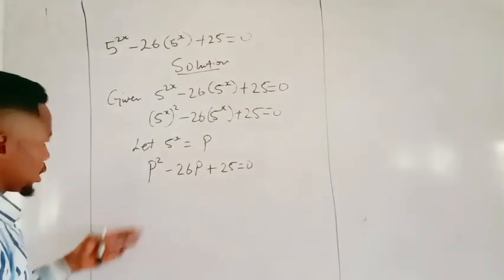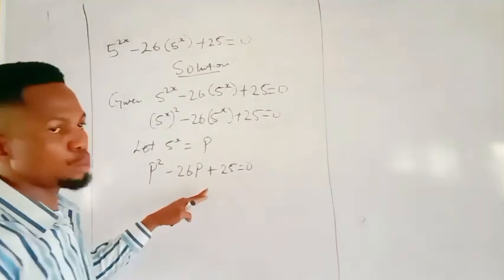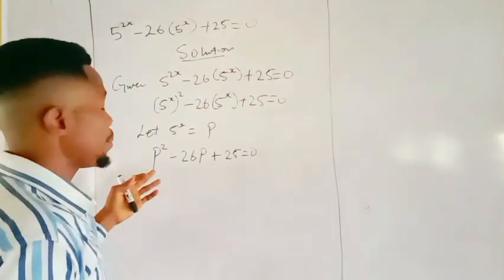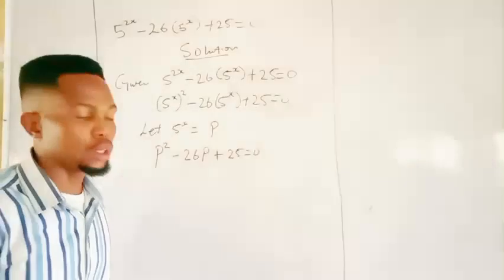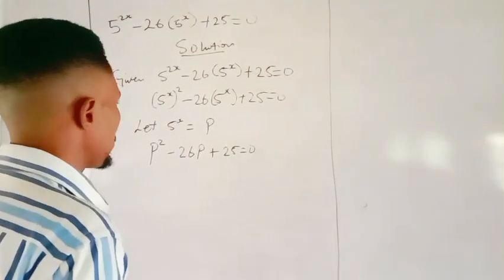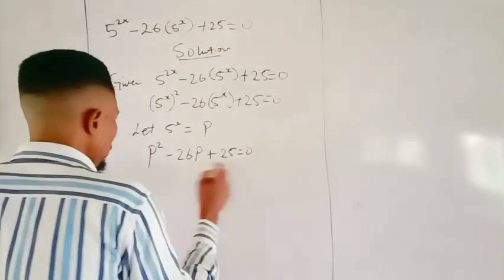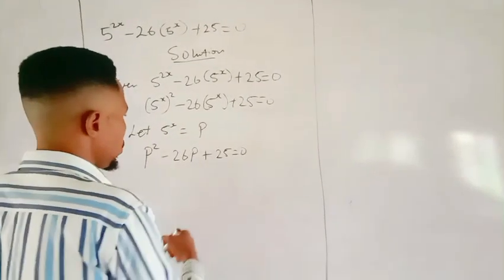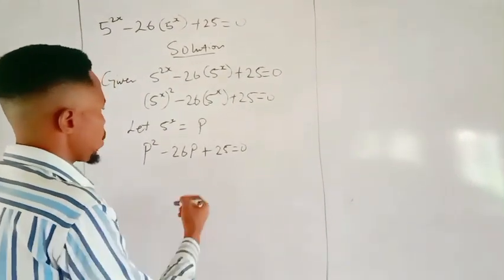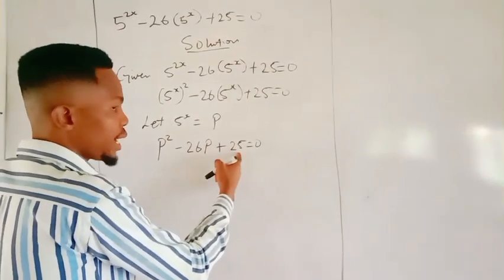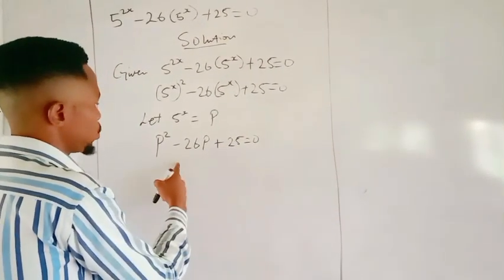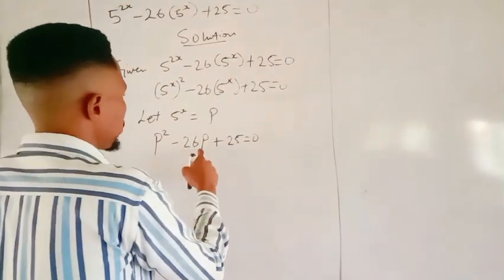Now, at this point, this is a quadratic equation. So you can make use of factorization, the completing the square method, or the formula method. But let's use the factorization method. We're going to look for two numbers which, when you multiply, give you plus 25, and when you add, give you minus 26.